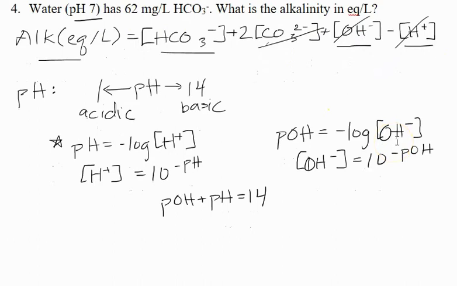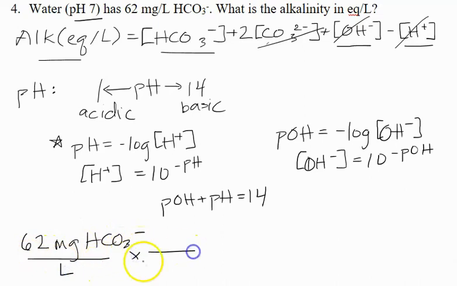And so now we just need to convert. We've got 62 milligrams of HCO3 negative per liter. We'll go ahead and convert that into grams, and then we're going to use the molecular weight of bicarbonate.